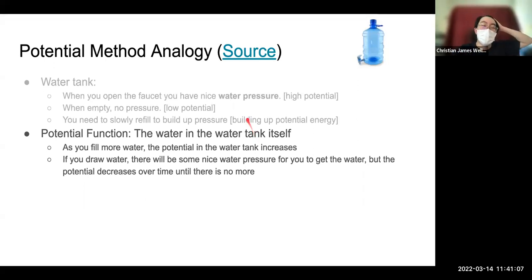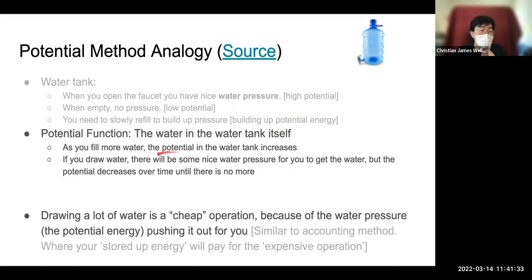So for the potential function here, let's say I define it as the water in the water tank itself. As you fill in more water, the potential increases, it builds up. And if you draw water, there'll be some nice water pressure for you to get the water. But over time, as you take away water, the potential will also decrease because the water in the tank itself decreases. So what's the relation with amortization?